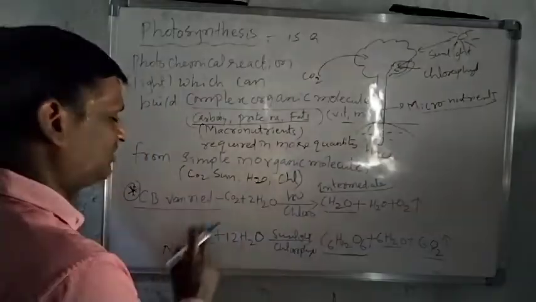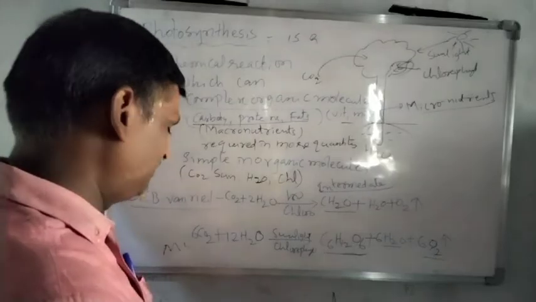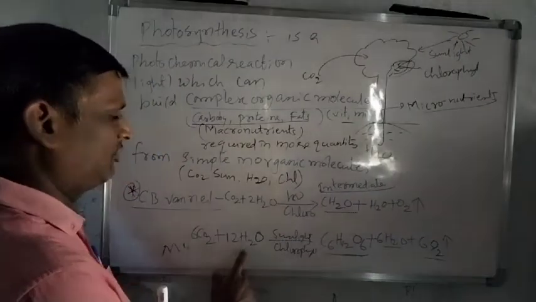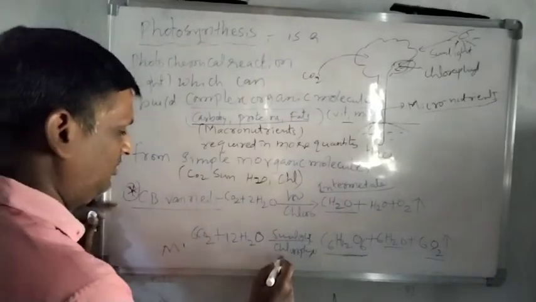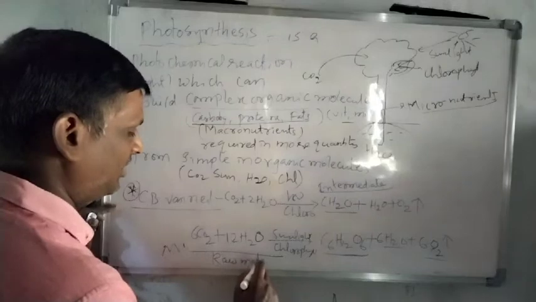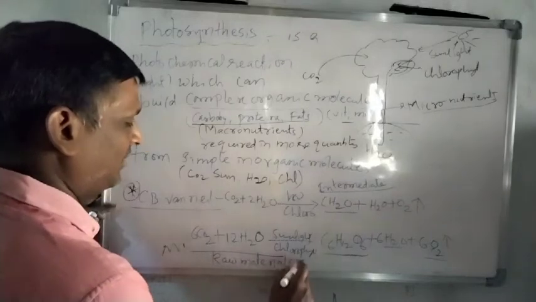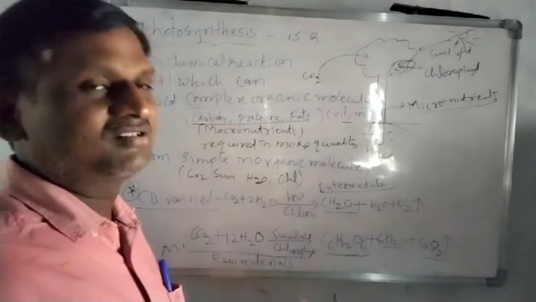Whereas, what are the raw materials of photosynthesis? The raw materials of photosynthesis are carbon dioxide, water, sunlight, chlorophyll. These are the raw materials, or we can call them reagents. The raw materials, also called reagents, are factors of photosynthesis.